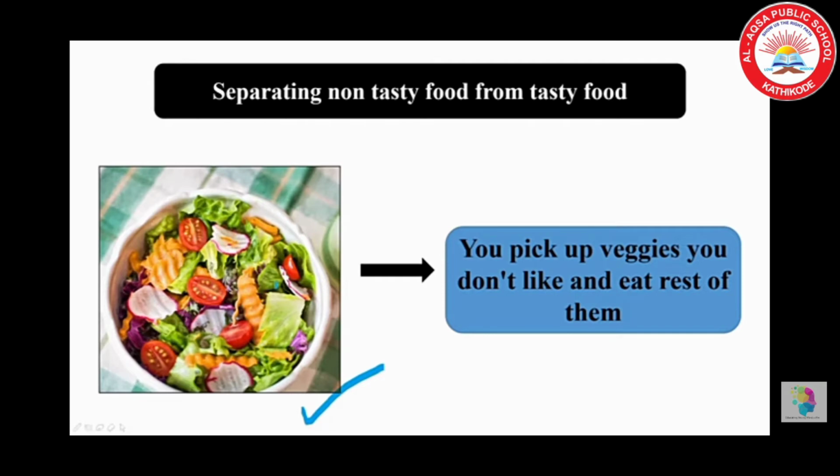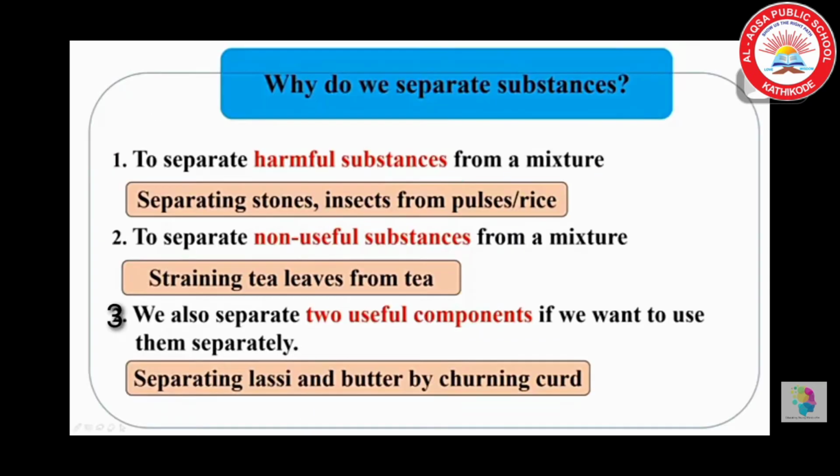So actually we are separating non-tasty food from tasty food. So now we have discussed many separation methods, that is many examples we are doing in our daily life. Okay. Then we are separating two or more components. Sometimes one component is useful and another component is not useful.